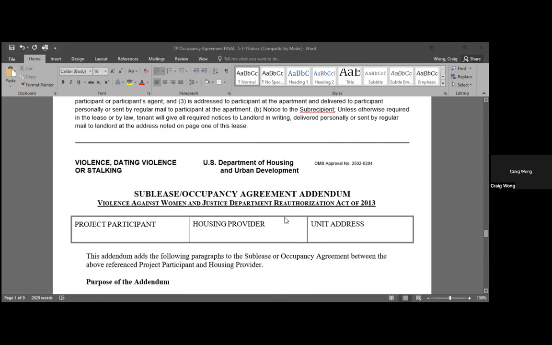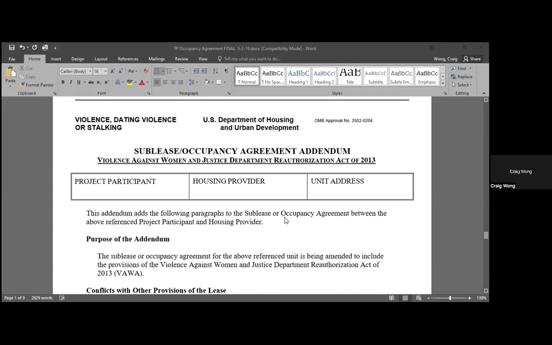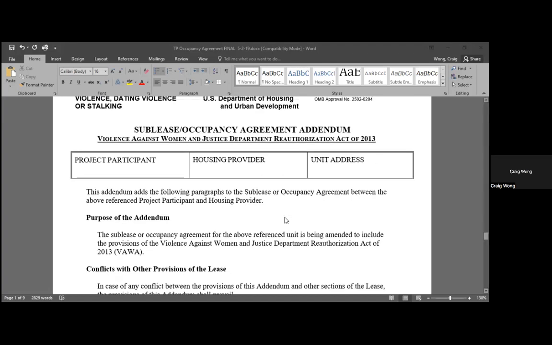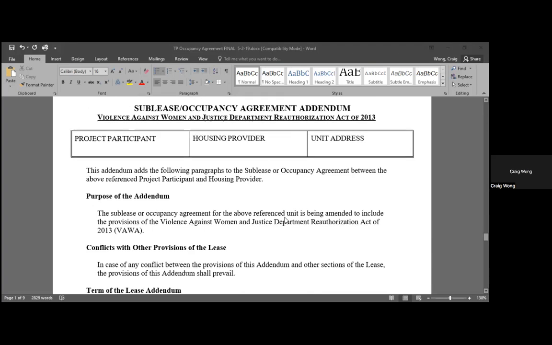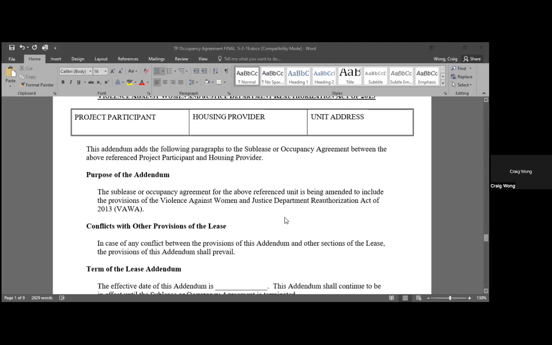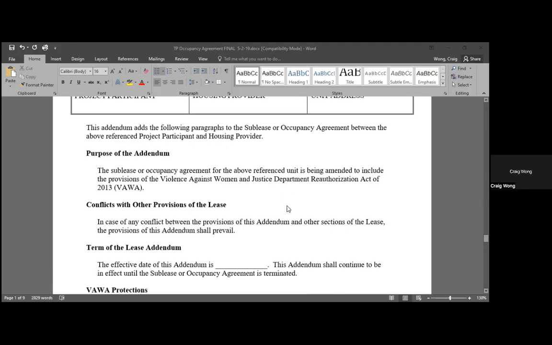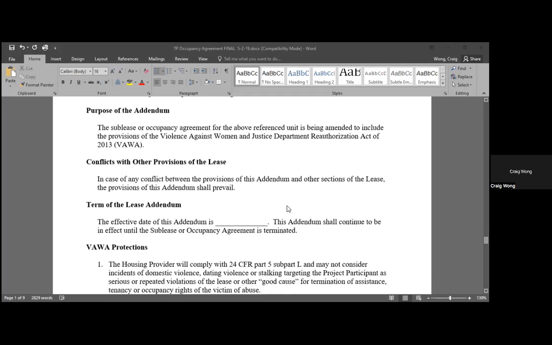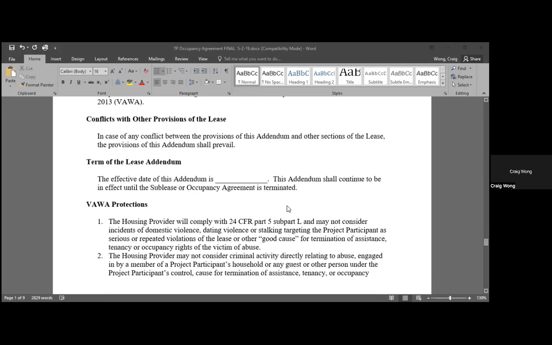Another very important document that we have incorporated into our occupancy agreement is the VAWA Sublease Occupancy Agreement Addendum. Very important piece of documentation that you, as the housing provider, need to review with the participant. The provider's name, client's name, the unit number, and this document basically holds you, the housing provider, accountable.